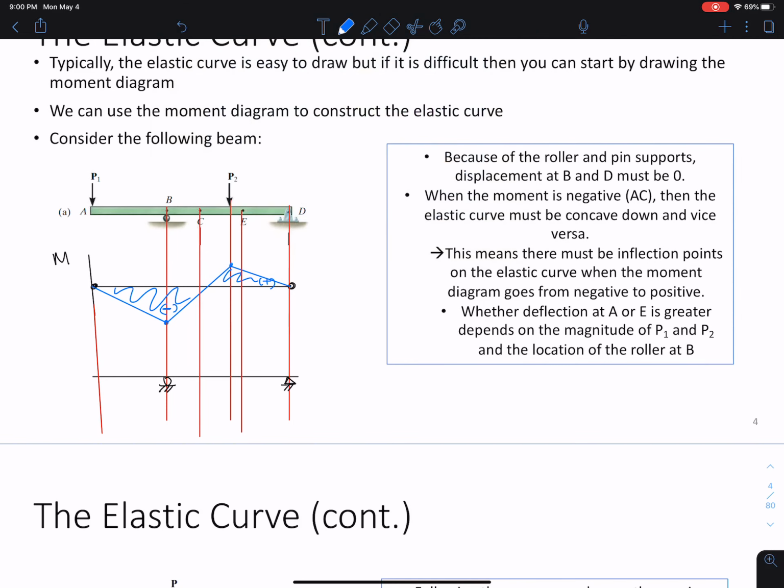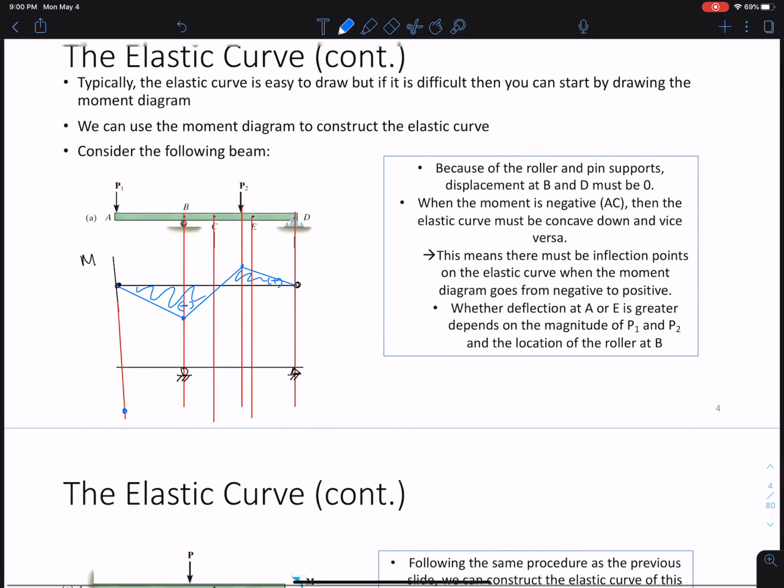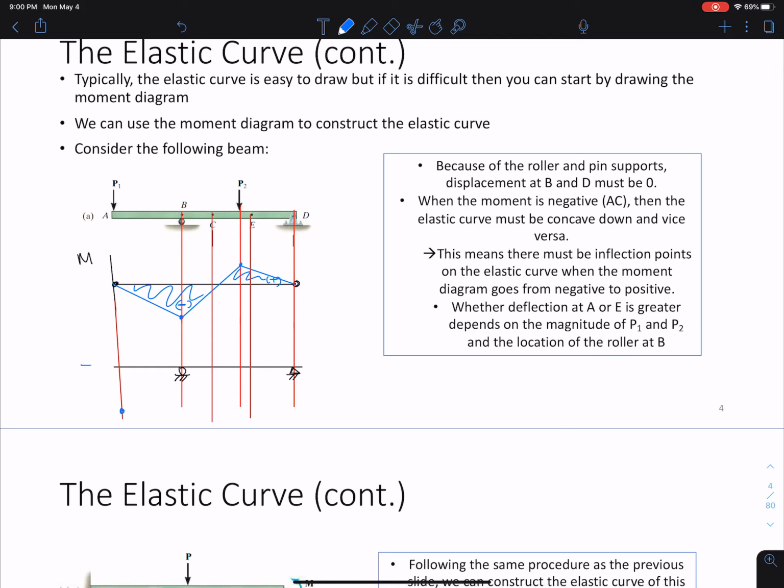Draw it in blue. We know that at P1, we're going to definitely deflect downwards some, I'm going to call this delta, the deflection. We're going to experience some delta A here. It's going to definitely push down at A, and it's going to move down. Okay, we know that we're going to have 0 deflection at the roller, and 0 at the pin, because that's the definition of a pin and a roller. We can't move.